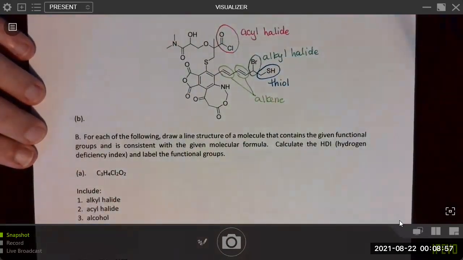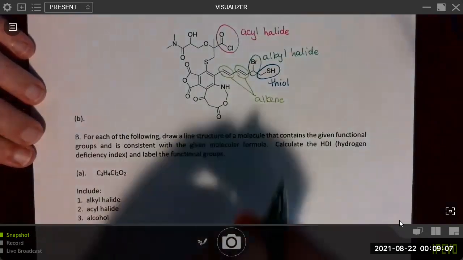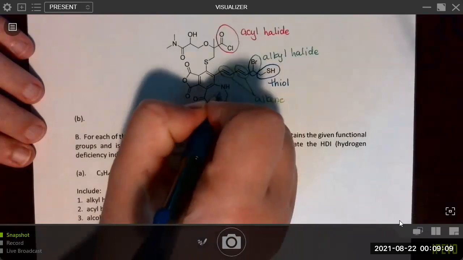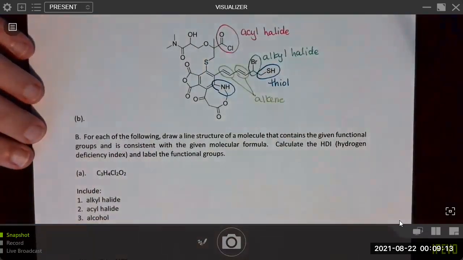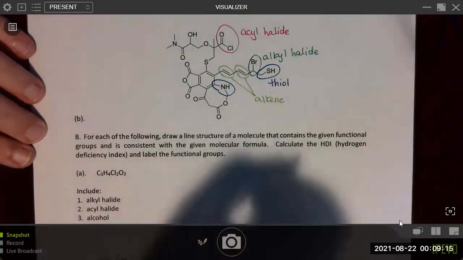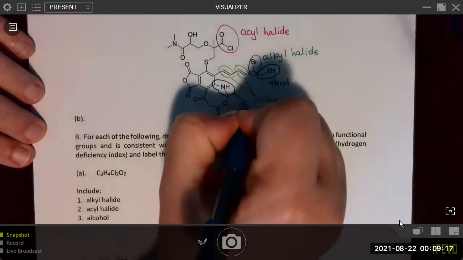But don't worry about that. We haven't covered that yet. That'll be talked about much later in the year of organic chemistry. Okay, what about this nitrogen right here that's attached to carbons, no carbonyl next to it, and also 1 hydrogen. This is the amine.